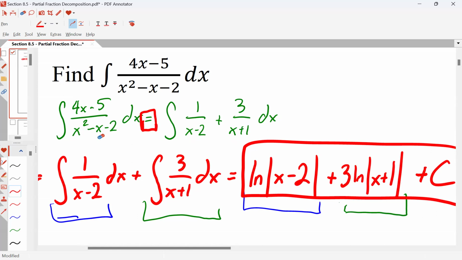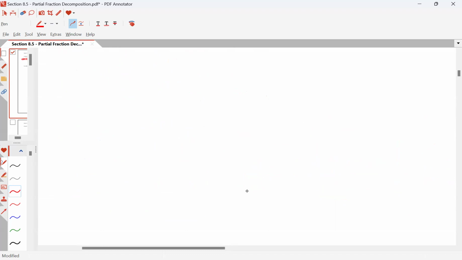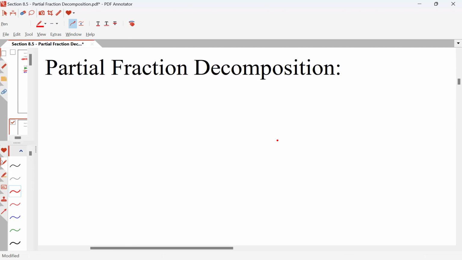This introduces a strategy known as partial fraction decomposition. Partial fraction decomposition is an integration strategy where what we want to do is take a bigger rational and break it up into smaller fractions.